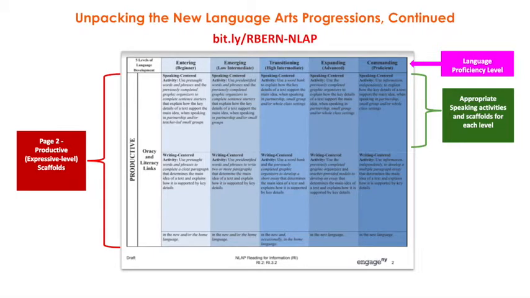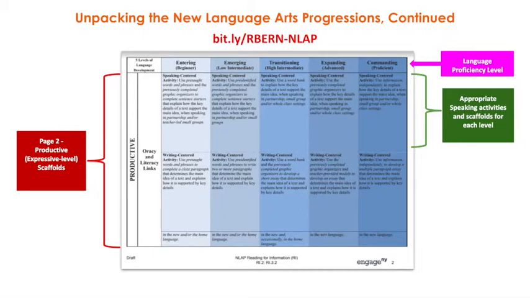For example, when you look at entering, a speaking-centered activity that correlates to standard Reading for Information 3.2 would be to use pre-taught words and phrases and the previously completed graphic organizers, which were completed during listening and reading activities, to complete sentence starters that explain how the key details of a text support the main idea when speaking in partnership and/or teacher-led small groups.